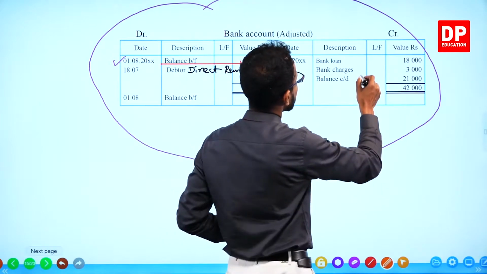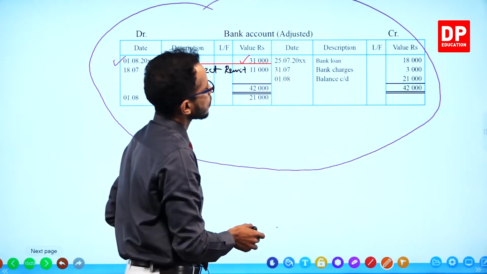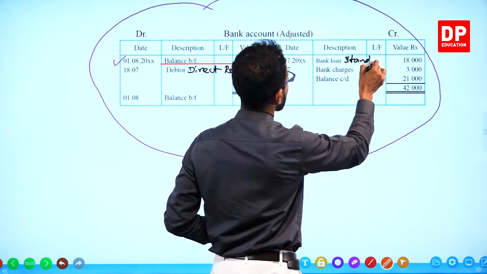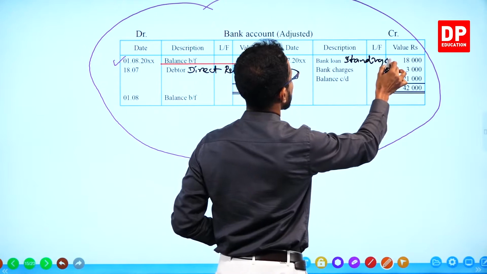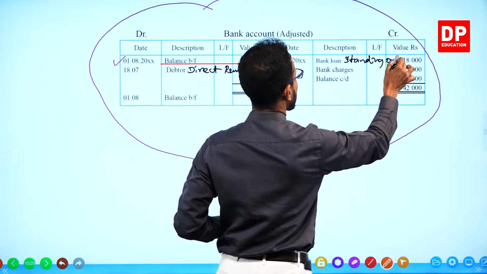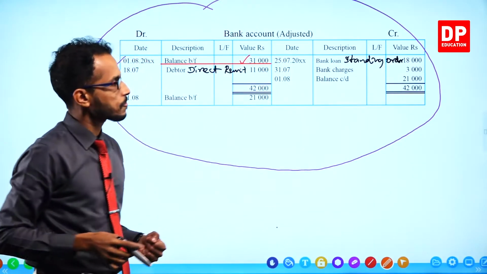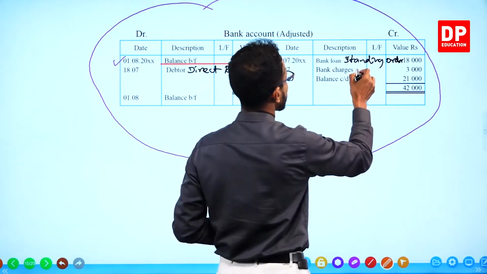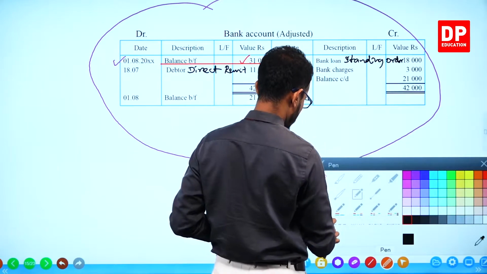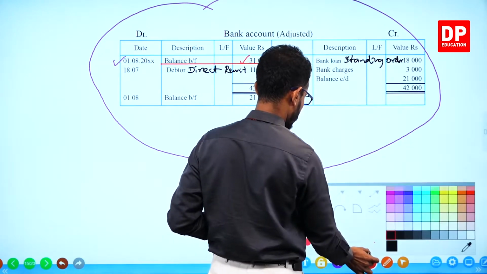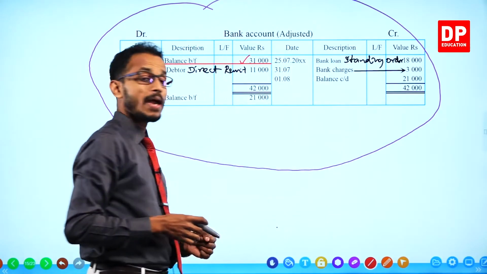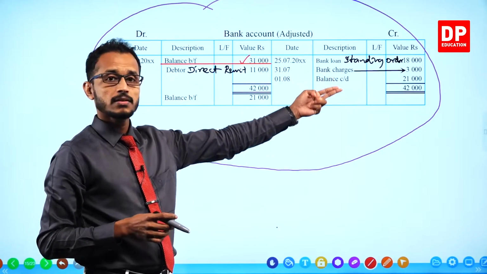And bank charges, let's take the one on top, standing orders. And bank charges. Bank charges. They are credited.